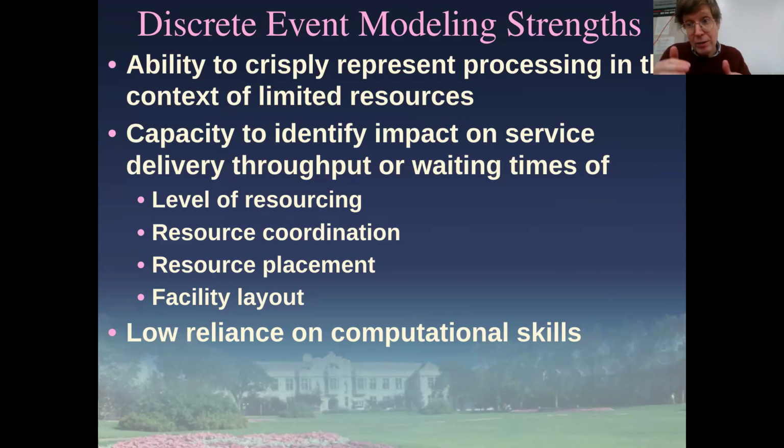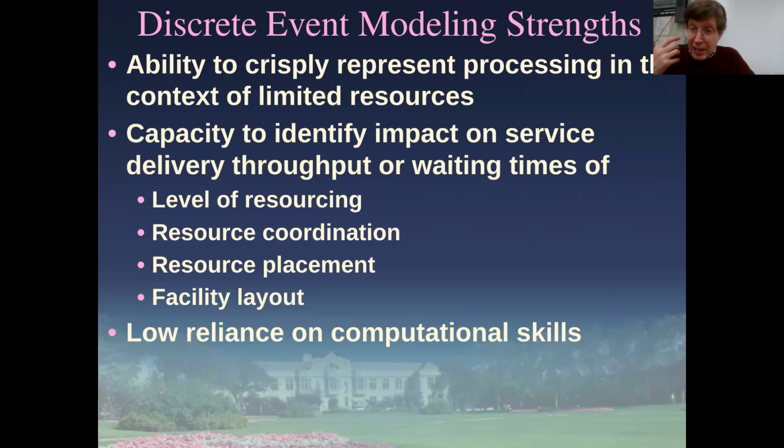Resource-constrained progression of entities along these workflows. We could specify them with great specificity, transparency, conciseness, expressiveness. And in so doing, we can identify the impacts of resource availability, resource placement, resource coordination, joint resource availability, resource prioritization on that workflow.